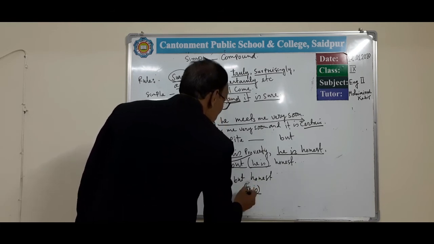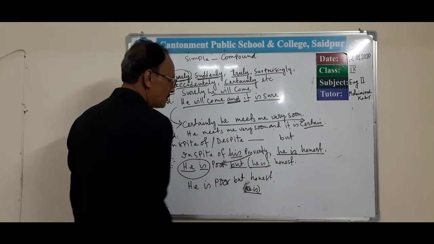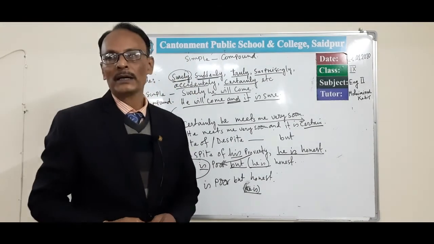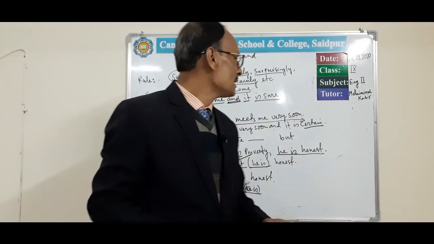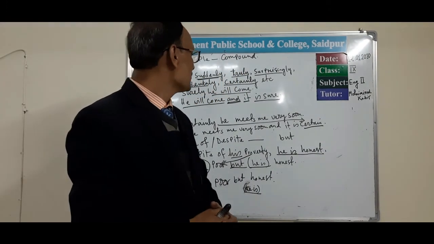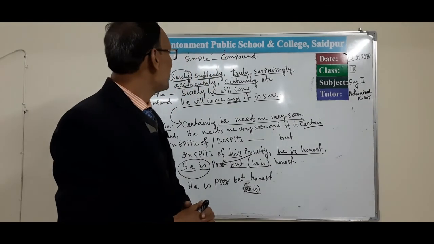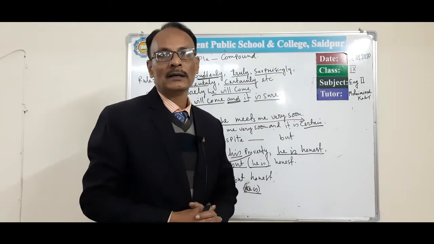It is a compound form. In this way, practice more and more sentences from different grammar books, and I believe you can transform any simple form to compound form very easily.